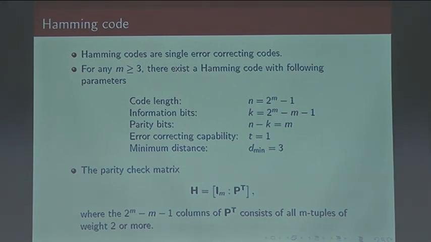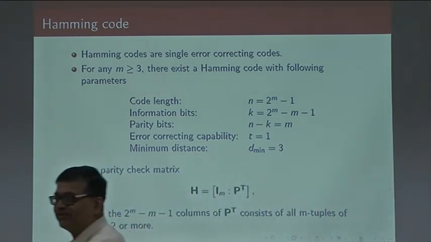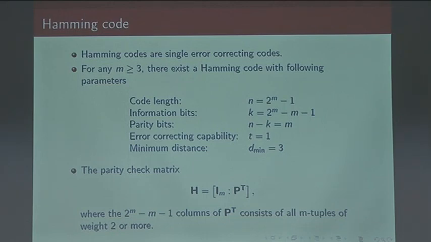So, the parity check matrix has m rows and 2 raised to the power m minus 1 columns. Can you guess what the columns of the H matrix are?